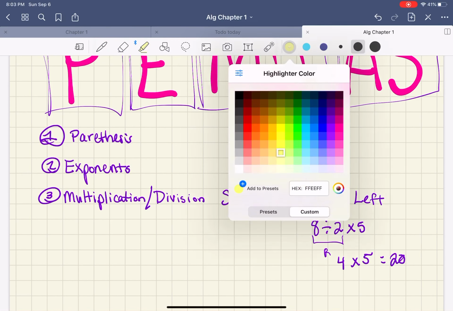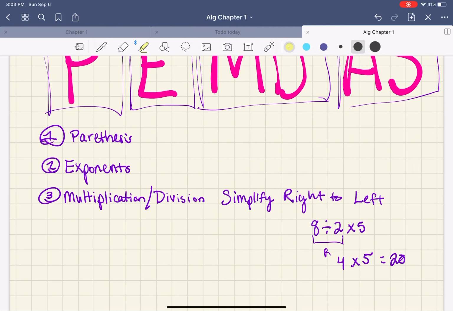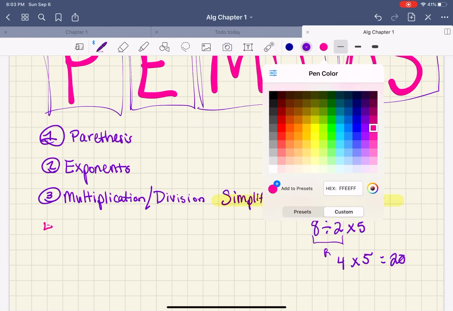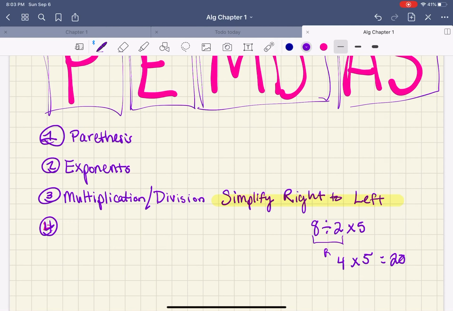So, try to remember simplifying in order with multiplication and division, and then also with addition and subtraction. Exact same situation there. They are equally prioritized.